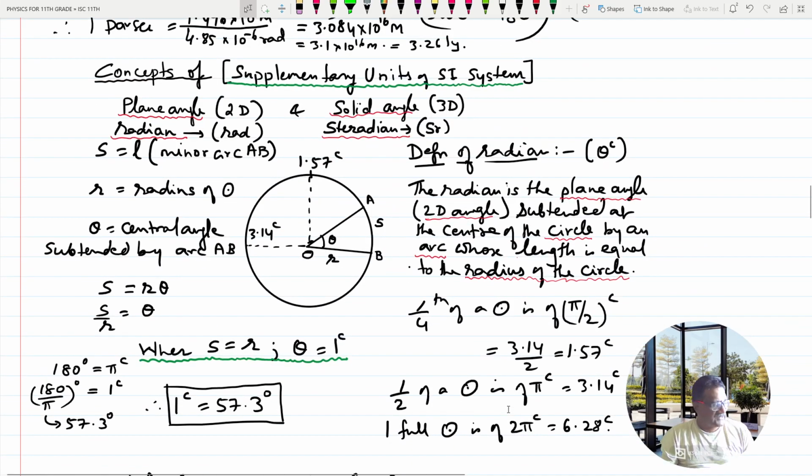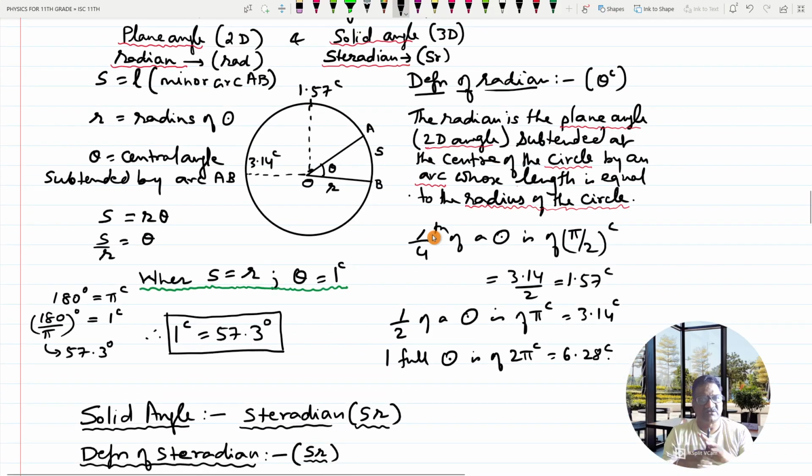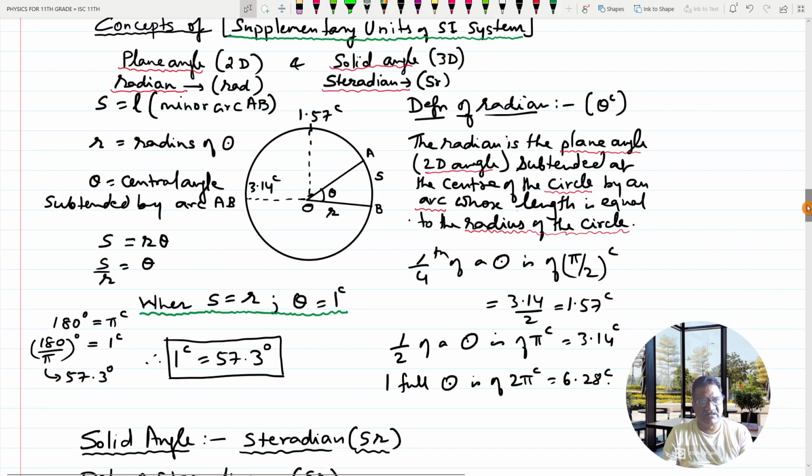I told you in the SI system, you have 7 basic physical quantities and 2 supplementary physical quantities. So let us talk about these 2 supplementary quantities. Now, what are these 2 supplementary quantities in the SI system? Just follow from here. Concepts of supplementary units of the SI system.